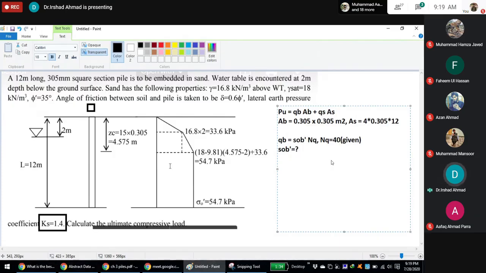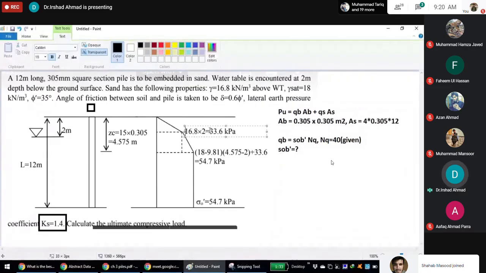For this, let's find the vertical effective stress. From this point to this point, the depth is 2 meters and the unit weight is 16.8. So 2 into 16.8 is 33.6.